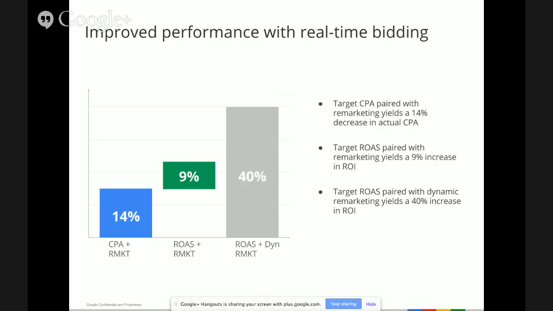First, if you move from max CPC to target CPA and remarketing, we often see a 21% conversion uplift and a 14% cost per action decrease. If you move from target CPA to target ROAS, then we often see an incremental 10% return on ad spend. And finally, if you move from target CPA to target ROAS on dynamic remarketing, which Joe was talking about earlier, we see a 40% return on ad spend improvement at the same conversion volume.